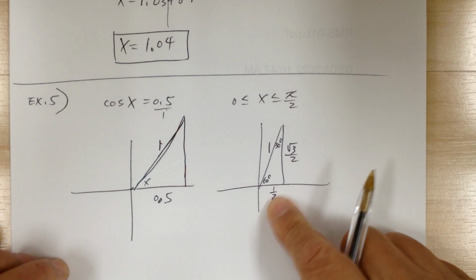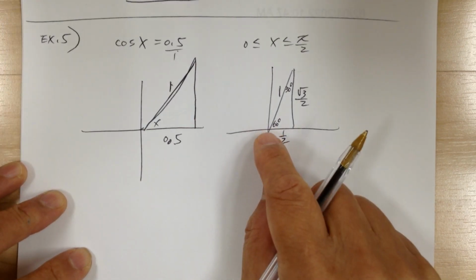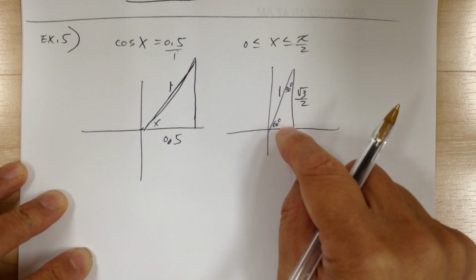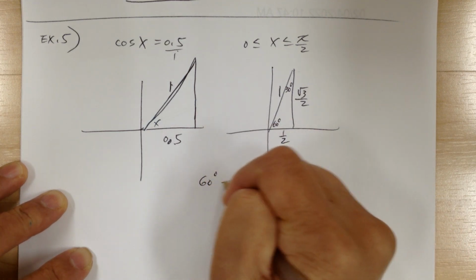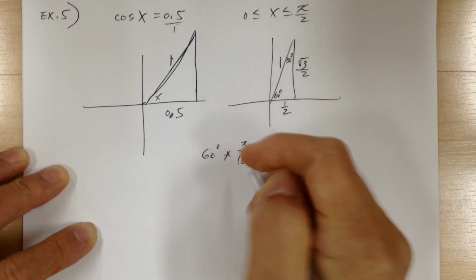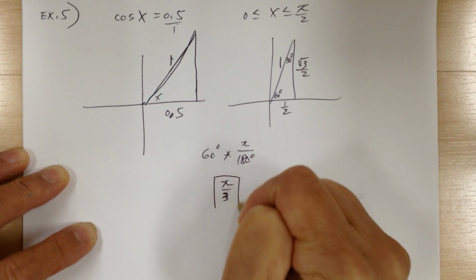So make sure you know your special triangles. So in this case, this is going to be 60 degrees, and 60 degrees equals pi over 3. So 60 degrees, if you times it by pi over 180 degrees, it cancels out to equal pi over 3. So that's your answer.